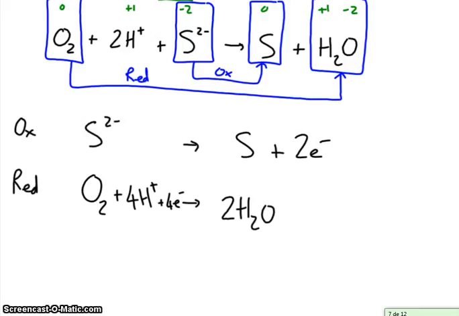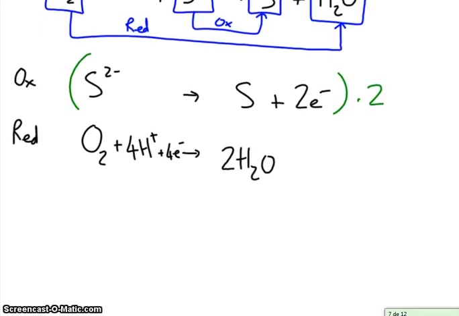Next, to make sure when I add these 2 back together, I need to balance my electrons so I can cancel them out. I need to multiply this top equation by 2, which means, and I will again be a little bit naughty and skip a step, when I add those back together, after multiplying this top one by 2, I have 2 S2 minus.